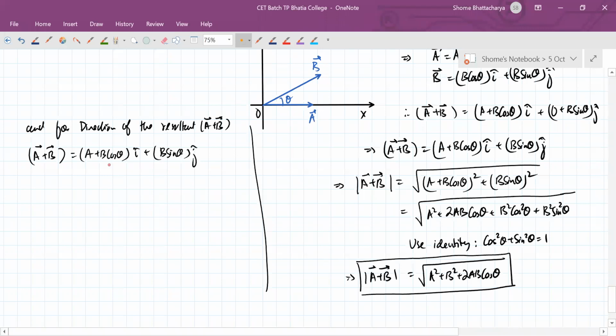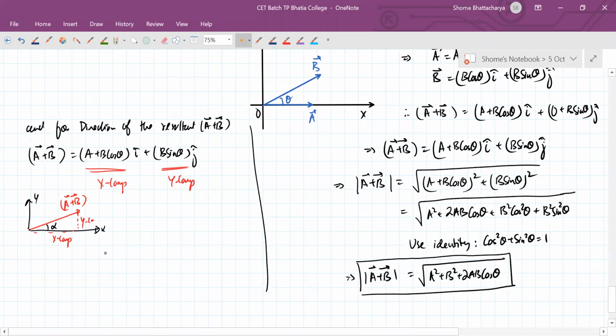So you can think of this whole thing as the x component and this whole thing as the y component. If that resultant vector a plus b is making some angle with the x axis, say this angle is alpha, then you can see that this is the y component and this is the x component.